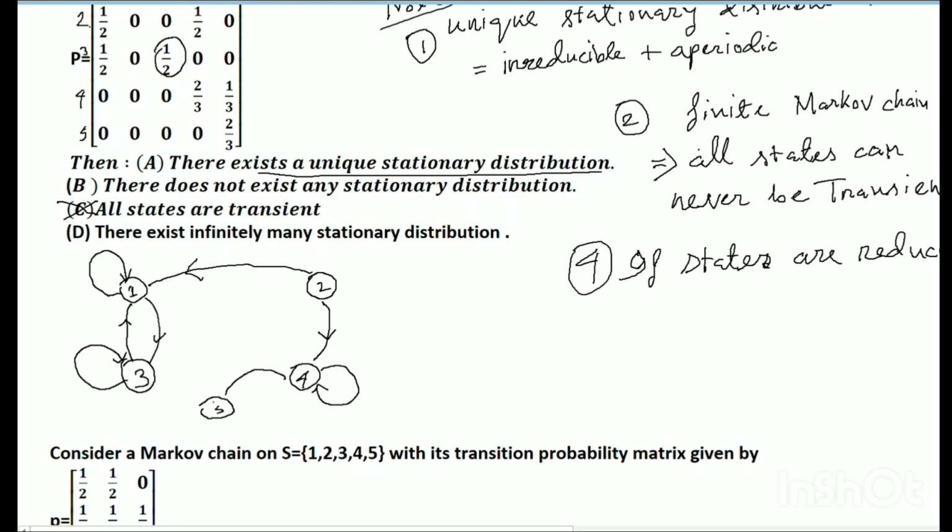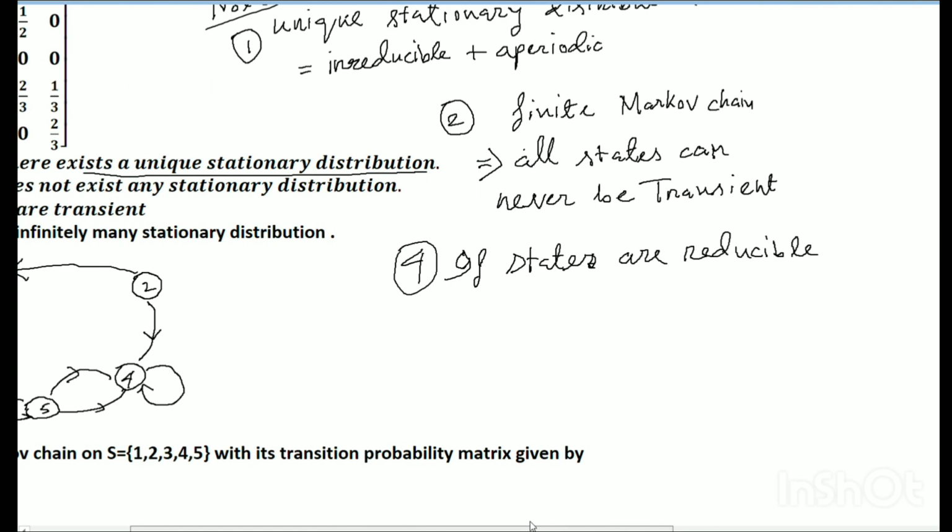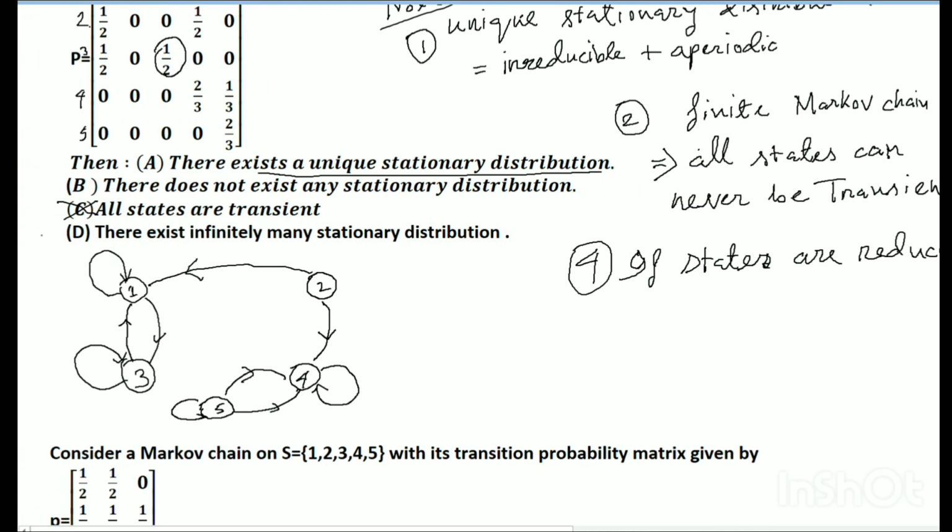That's why there exist infinitely many stationary distributions. This is the correct option, and the other option, that there does not exist any stationary distribution, is wrong. So according to the diagram my option D is correct. Options A and B are both incorrect.